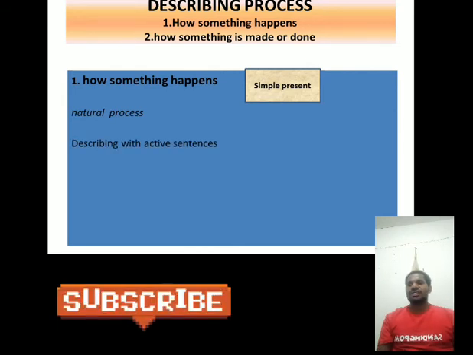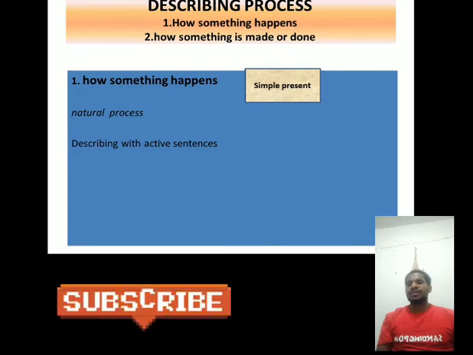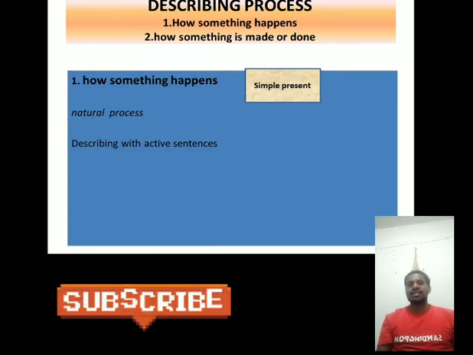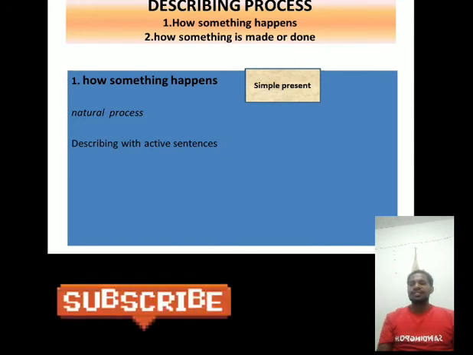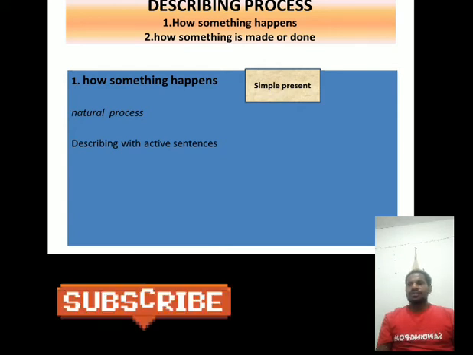So in this part one, how something happens, we can use natural process. Atau dalam part satu ini yang tentang how something happens ini kita menggunakan natural process atau proses secara alami yang dimana menggunakan simple present.